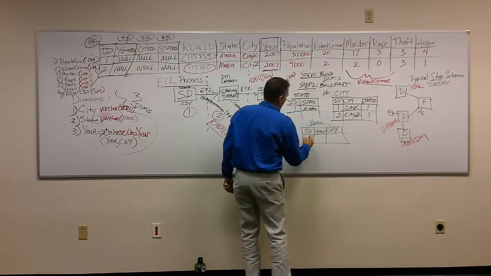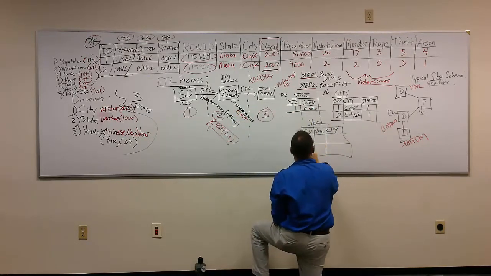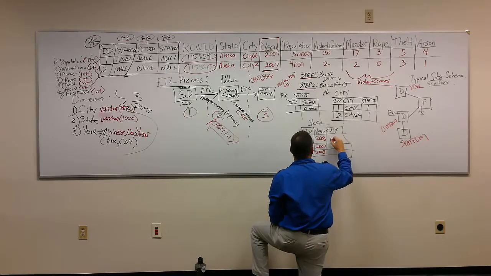Now, we would say this year is really only, say, 3 years here. Okay? So we would have 1, 2, 3. It'd be 2006, 2007, 2008.